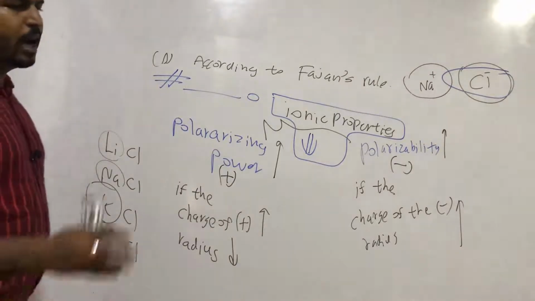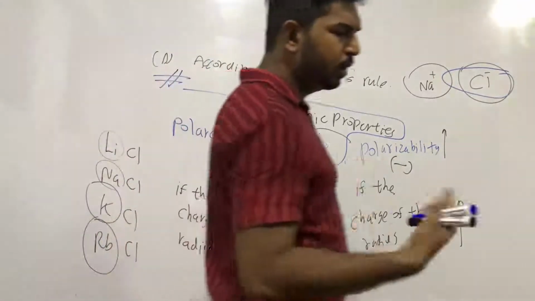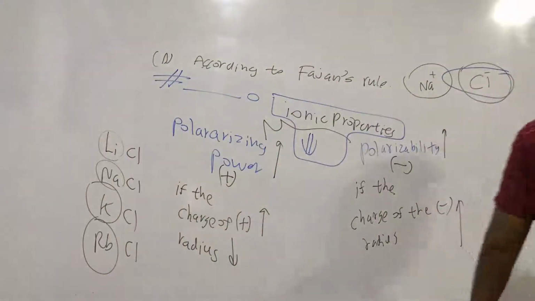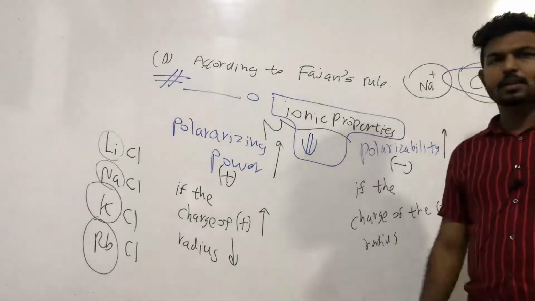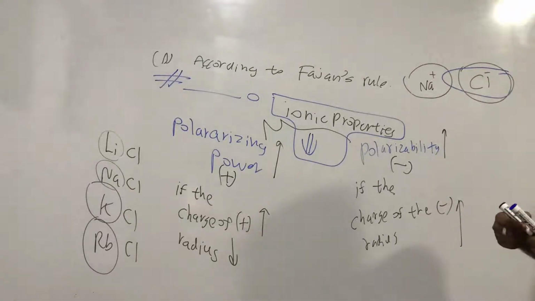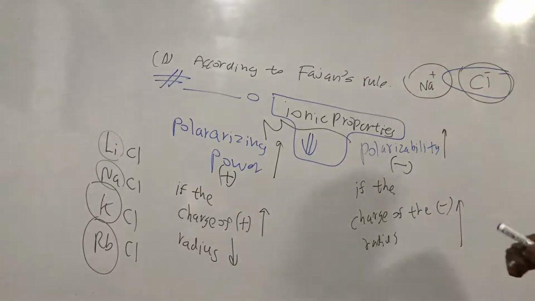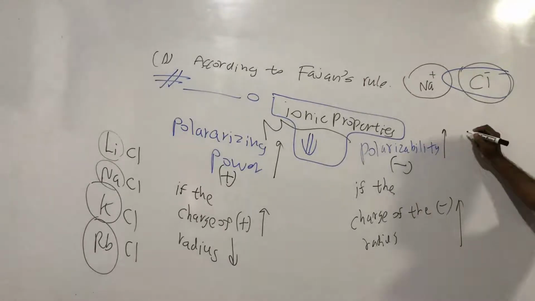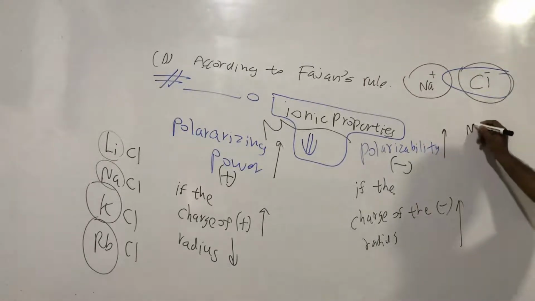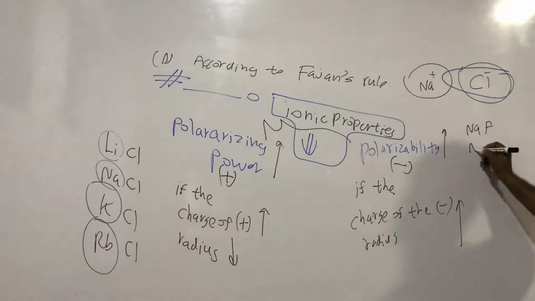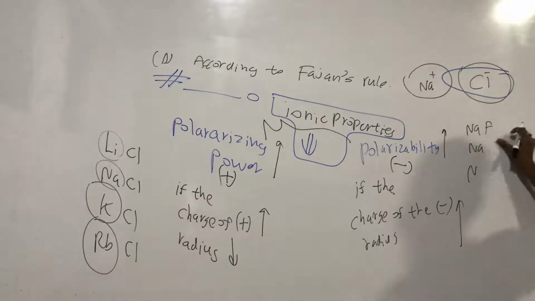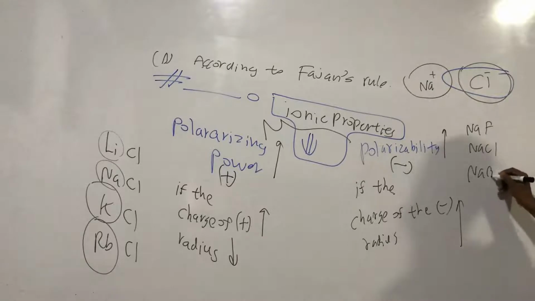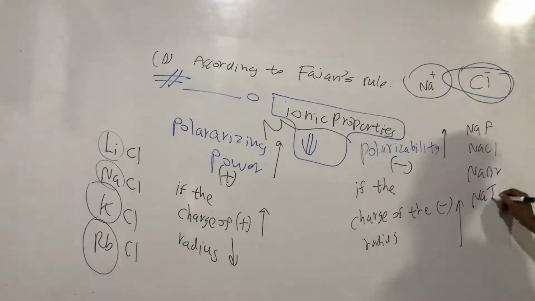Okay? I think now you are going to realize this step by step. So let's consider another set of salts like this: sodium fluoride, sodium chloride, sodium bromide, sodium iodide.